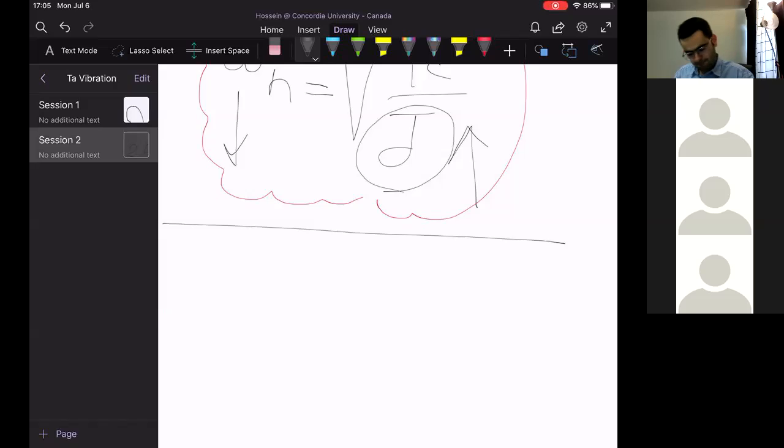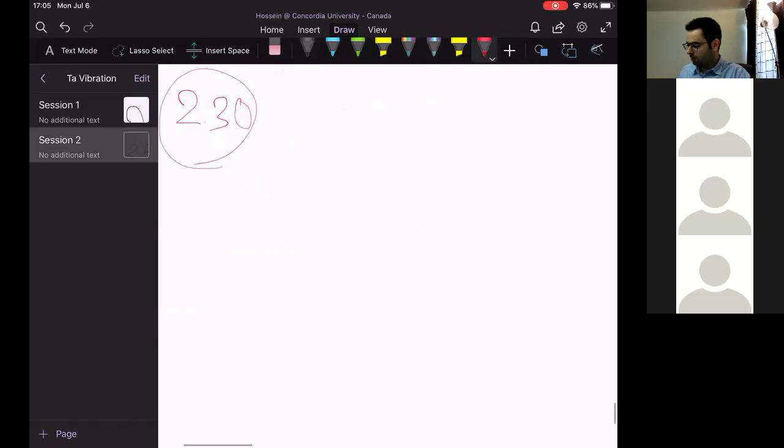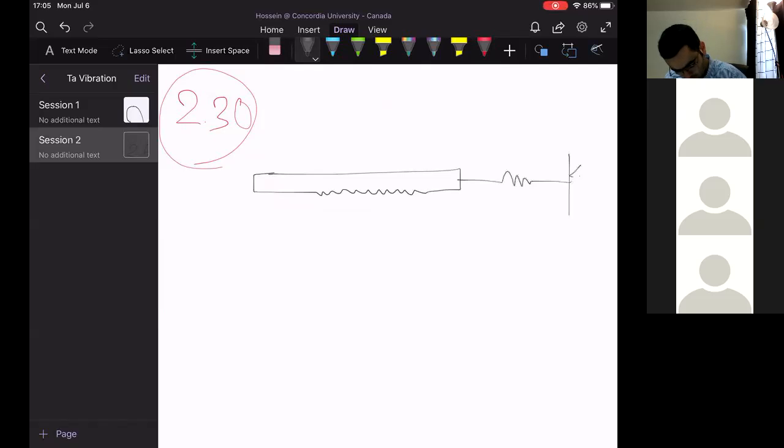So the next problem would be 2.30. Very simple problem. So there's a stiffness K1 and mass M1.